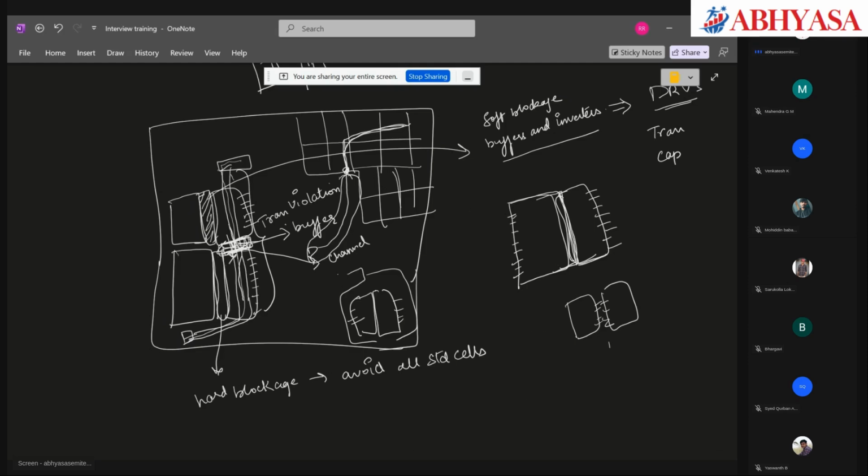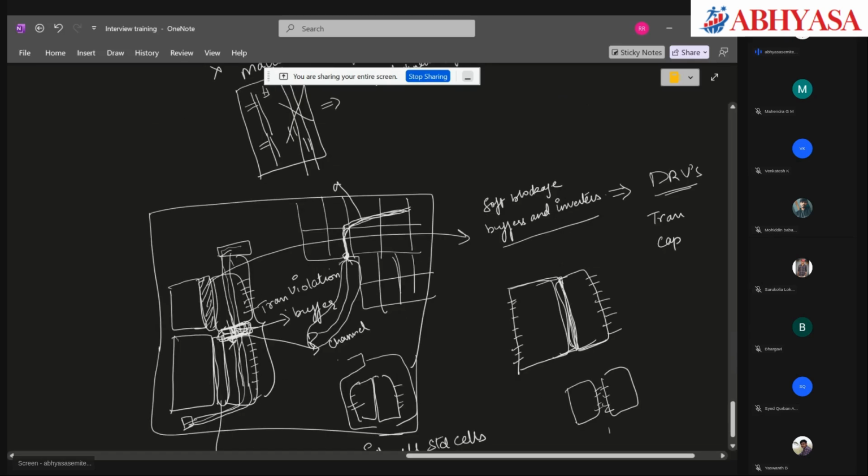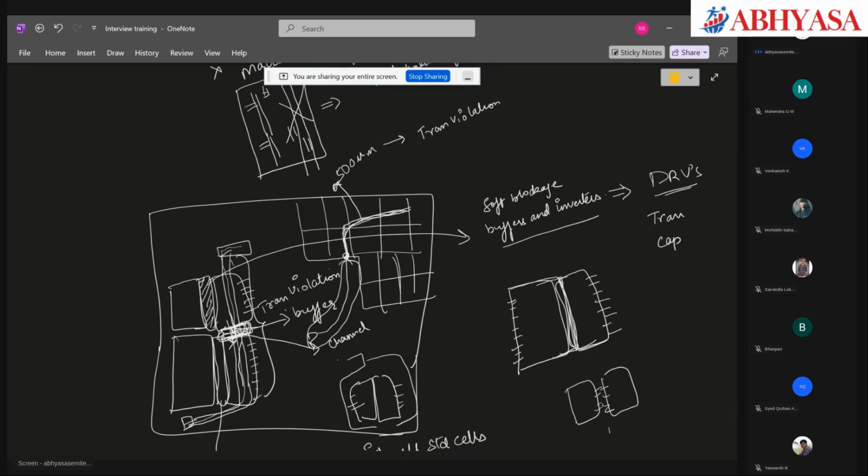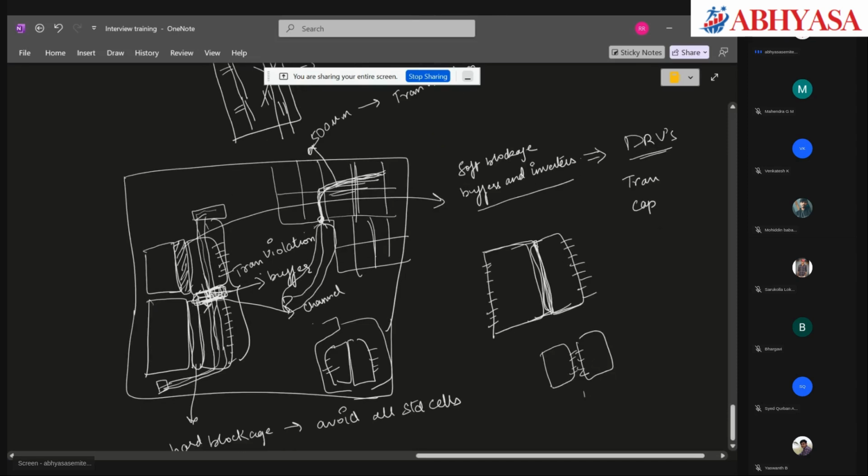If this net length is very long, let us say 500 or 700 microns, definitely there will be a tran violation. So we have to anticipate these scenarios and leave gaps in between the macros. We should leave gaps for buffering in between these macro channels. Understood?